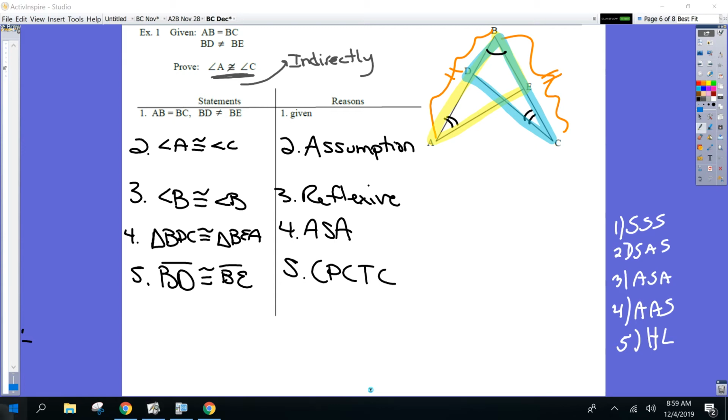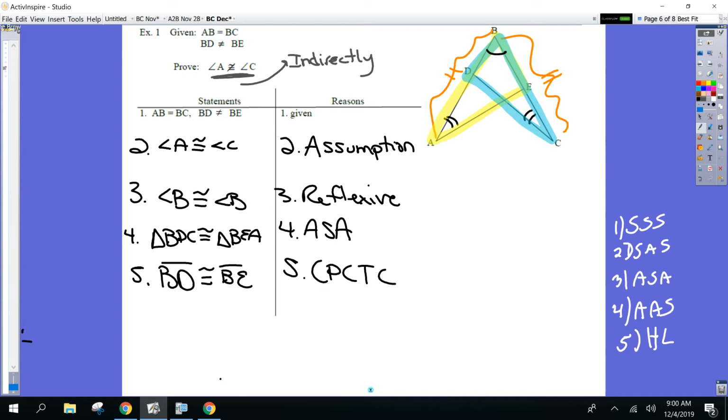So our assumption is false. If A is equal to C is false, what's got to be true? The opposite, which is A is not equal to C, which is what we needed to prove.